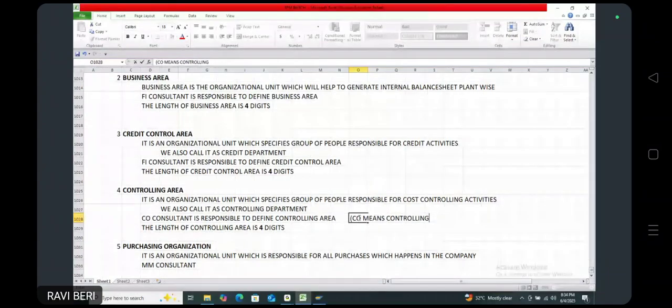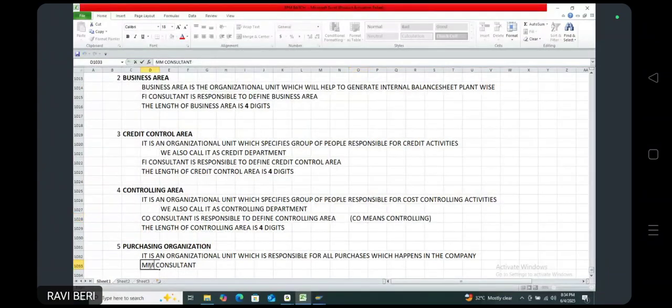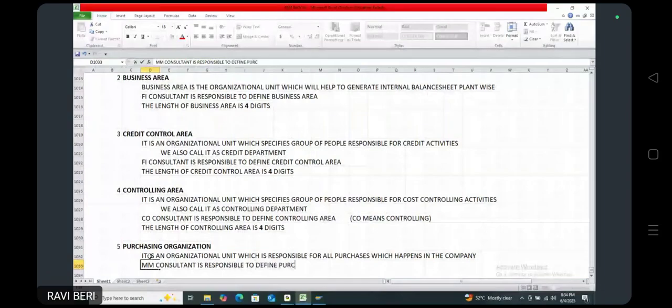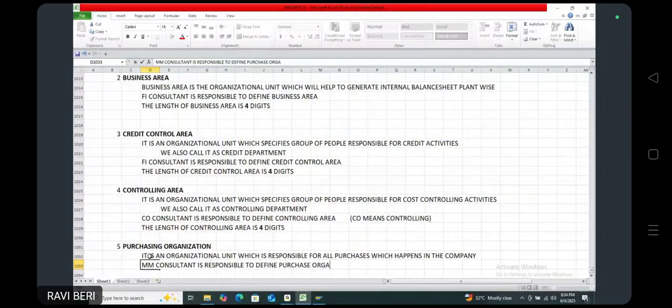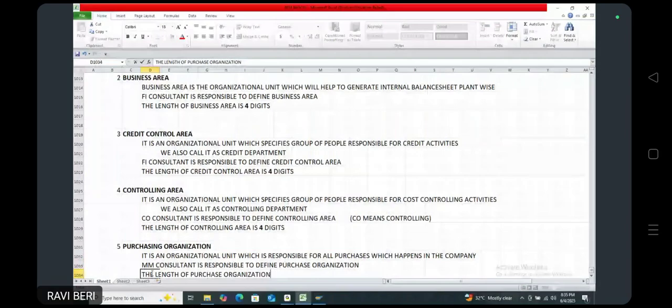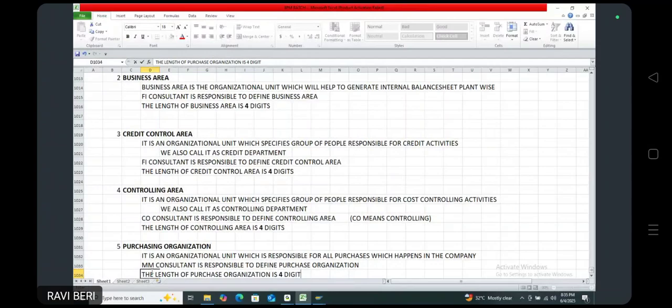So here MM consultant is responsible to define purchase organization. The length of purchase organization is 4 digits. So the length is 4 digits.